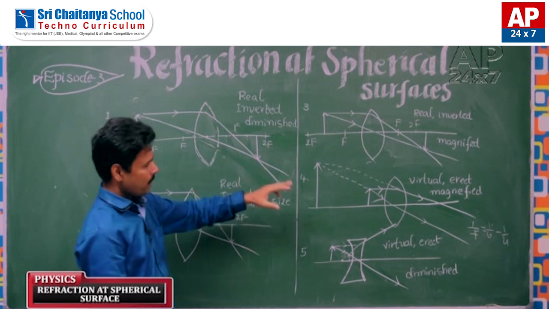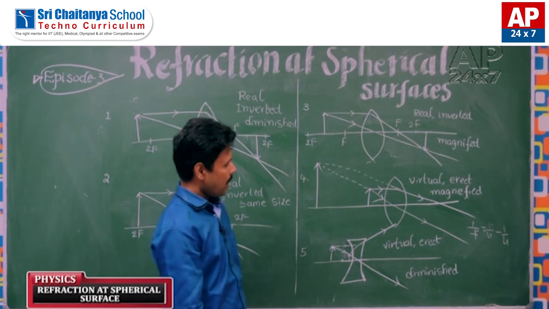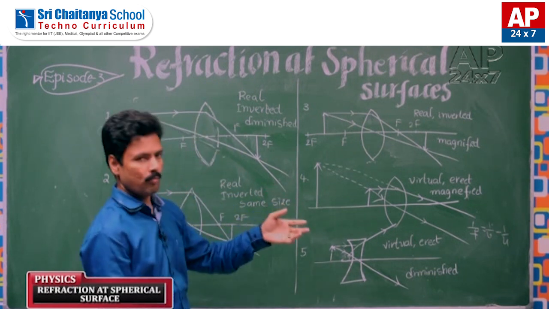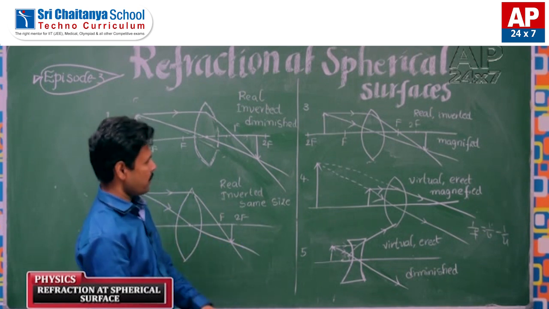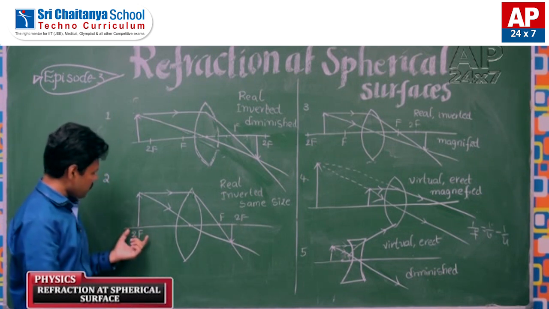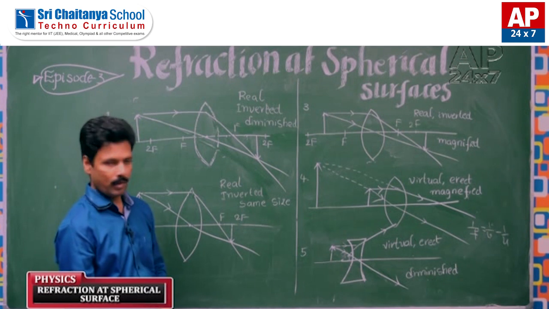See carefully, 1/f = 1/v - 1/u. Now for example, if you take u value and v value both the same, that is 2f, then if the object is at 2f, the image is also at 2f, right?